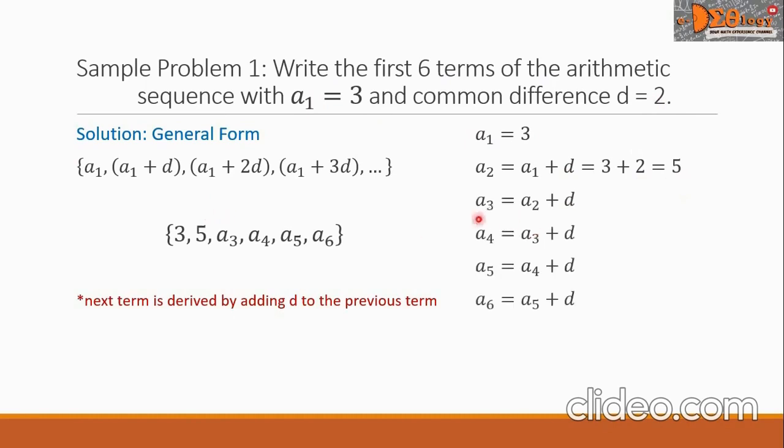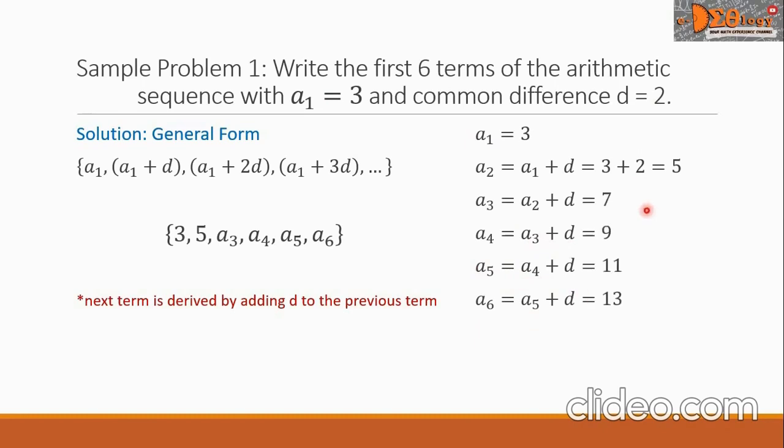So for a sub 3, that is equal to a sub 2 plus d, and a sub 4 equals a sub 3 plus d, a sub 5 equals a sub 4 plus d, and a sub 6 equals a sub 5 plus d.